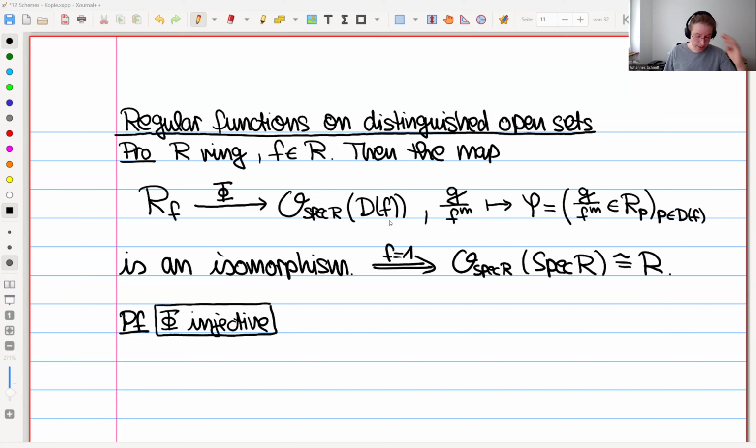Okay. Now this video will just be a long proof, and it will be somewhat technical. So if you like, instead of just watching the video like this, you can go back to the affine varieties part where we discussed the corresponding property. The proof will be very similar, in particular the surjectivity part.